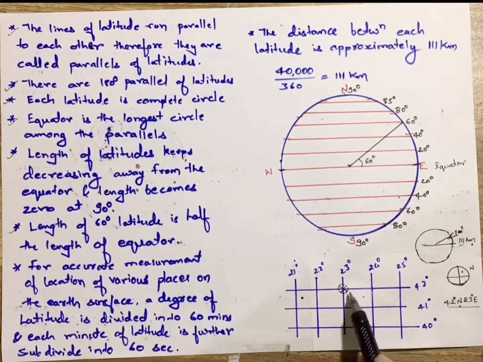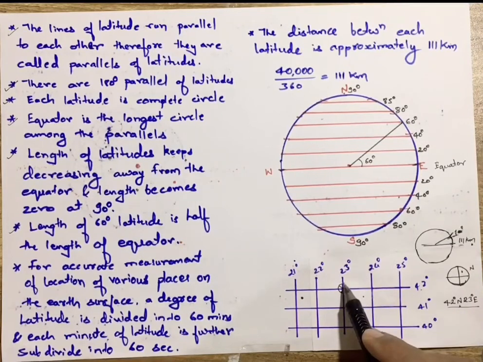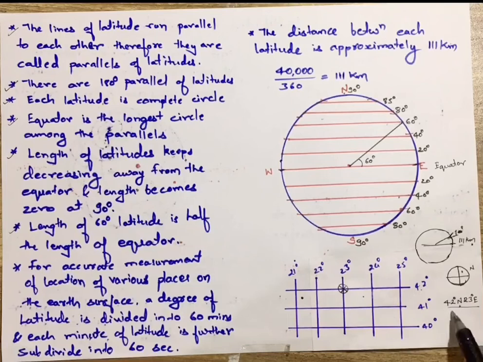So locating this place becomes very easy. It is 42 degree north and 23 degree east. You can see over here I have selected this part of the earth. As I am moving towards the north, I will write north. As I am moving towards east, I will write east.